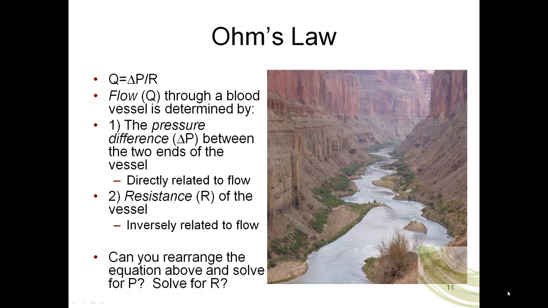Now the game you should play for this lecture is, if you know 2 of these values, could you predict the third? And soon I'm going to assign for you a PhysioEx where we will play with that type of concept. What will happen to flow if resistance doubles? What will happen to flow if pressure doubles? We're going to talk about those types of concepts.